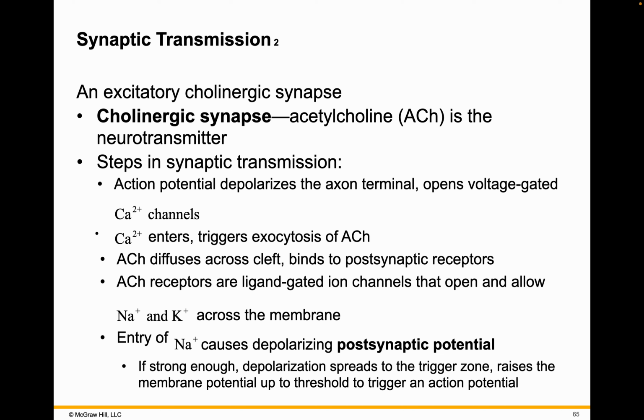The acetylcholine receptors are ligand-gated ion channels that open, allowing sodium and potassium to cross the membrane. Remember, it is the entrance of sodium that causes depolarization of the postsynaptic potential. If strong enough, the depolarization will spread to the trigger zone and raise the membrane potential to the threshold and trigger an action potential.